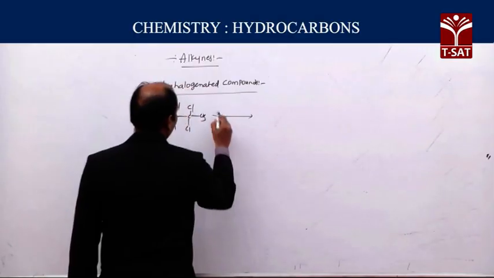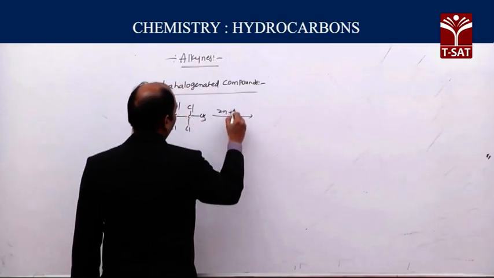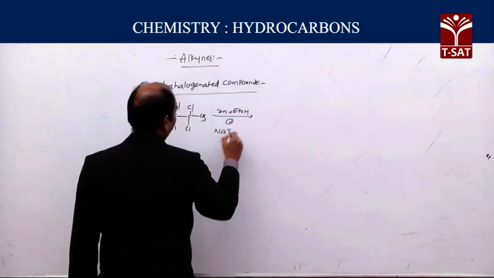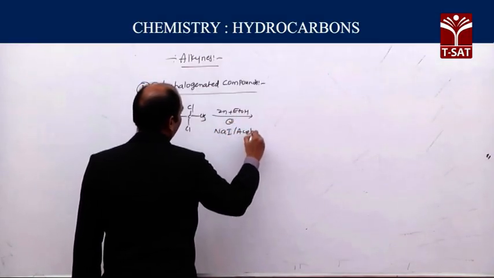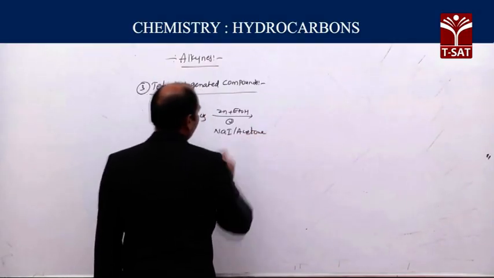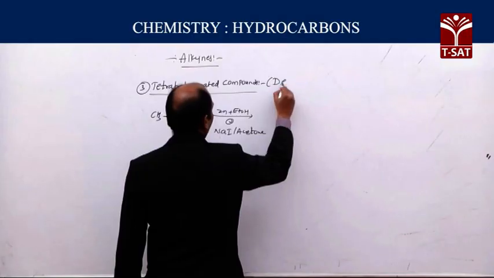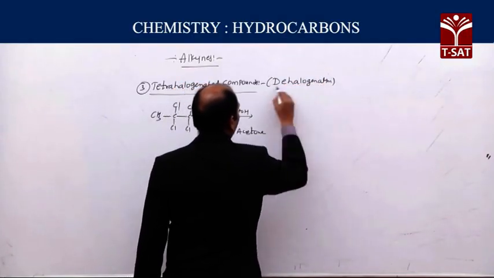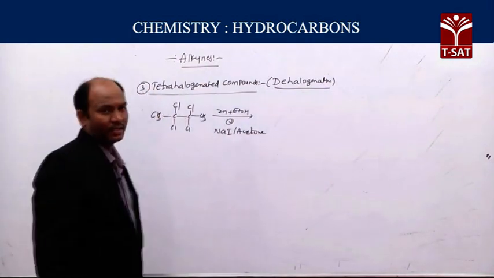When it is treated with zinc, ethyl alcohol or acetic acid, or sodium iodide in acetone, this is a dehalogenation. This is also an E2 elimination reaction.